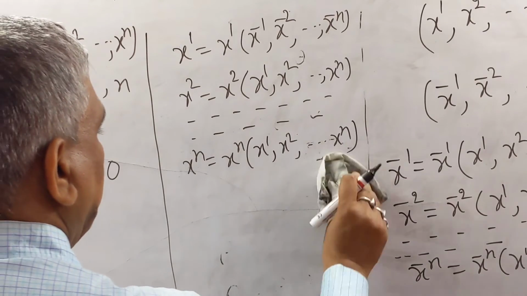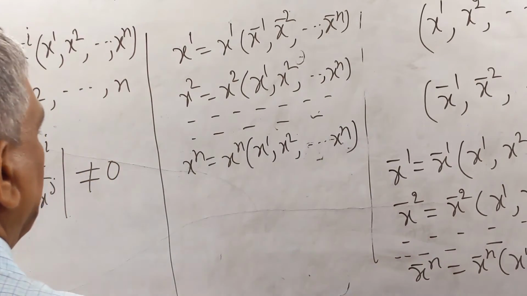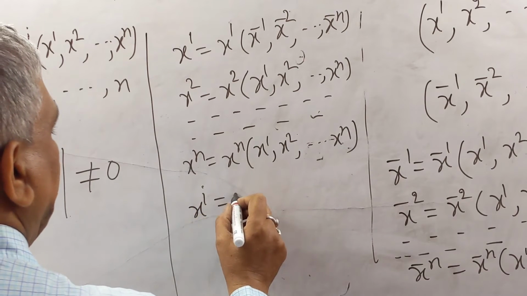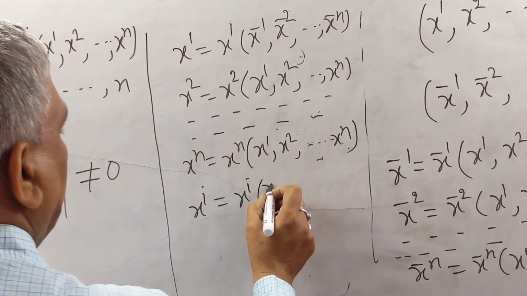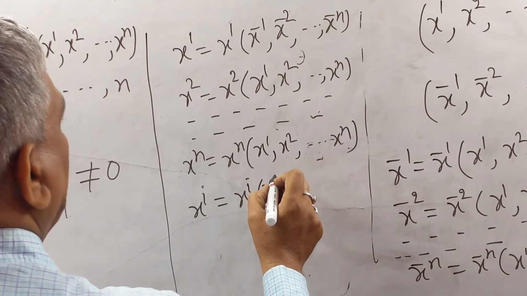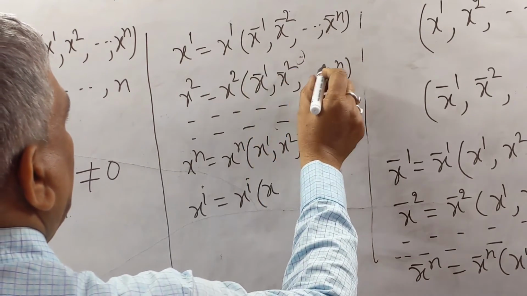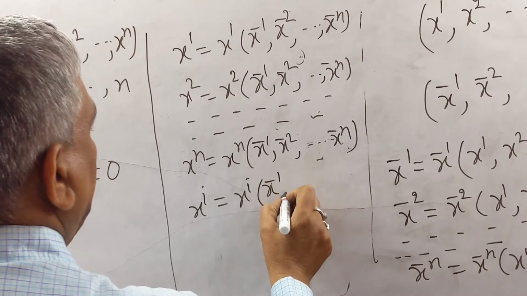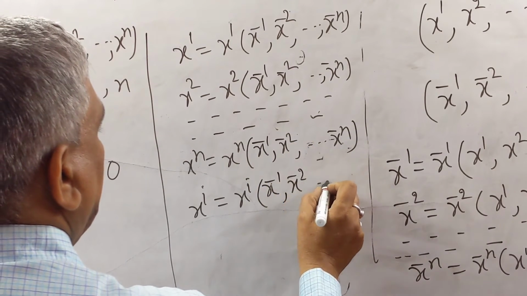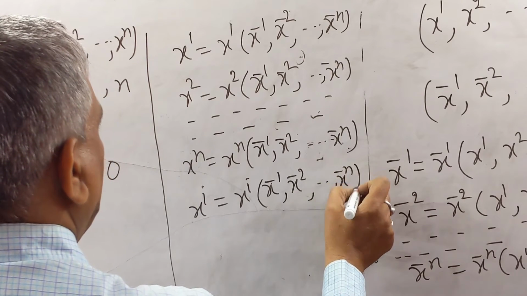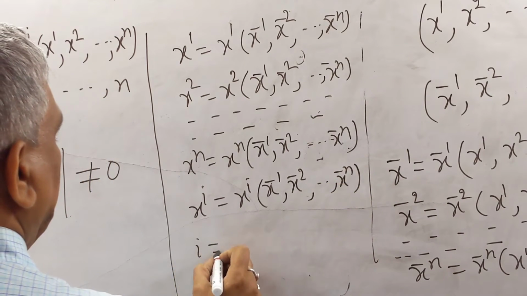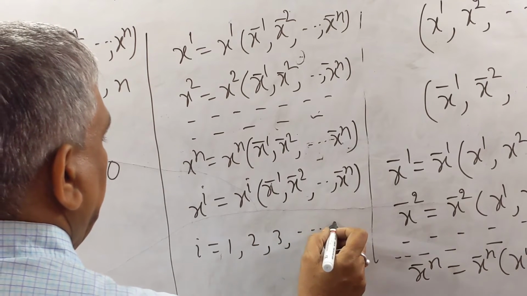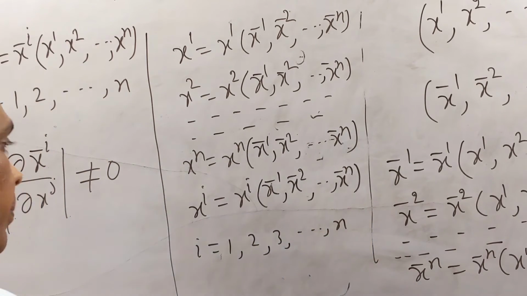In short, we may write x i is a function of x bar 1, x bar 2, ..., x bar n, where i equal to 1, 2, 3 and so on up to n.